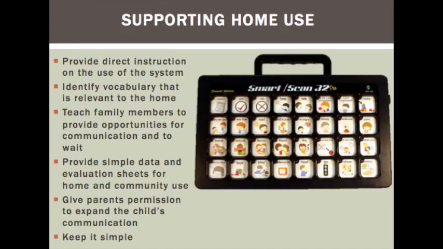You can identify vocabulary that is relevant to the home. You can also teach family members to provide opportunities for communication and to wait. You can also provide simple data and evaluation sheets for home and community use. You also want to give parents permission to expand the child's communication system. And of course, as always, you want to keep it simple so that it will be successful.